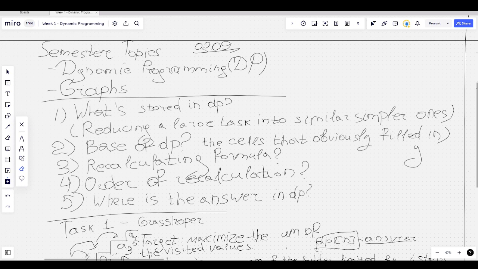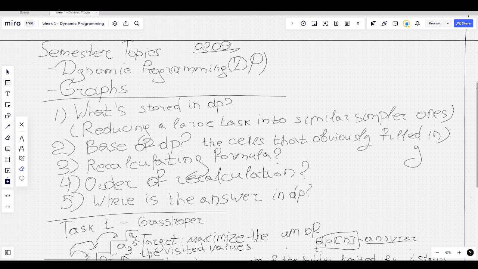Okay, next is the recalculation formula. This formula allows us to calculate new answers based on previous answers that were stored in DP. Okay, the next question: order of recalculation.